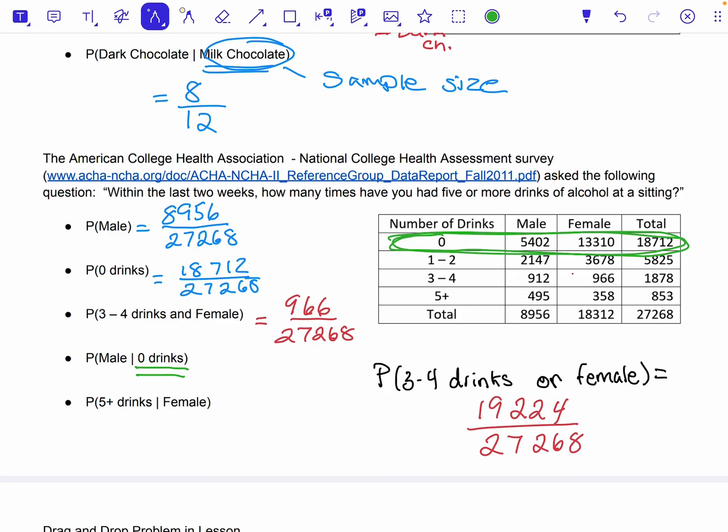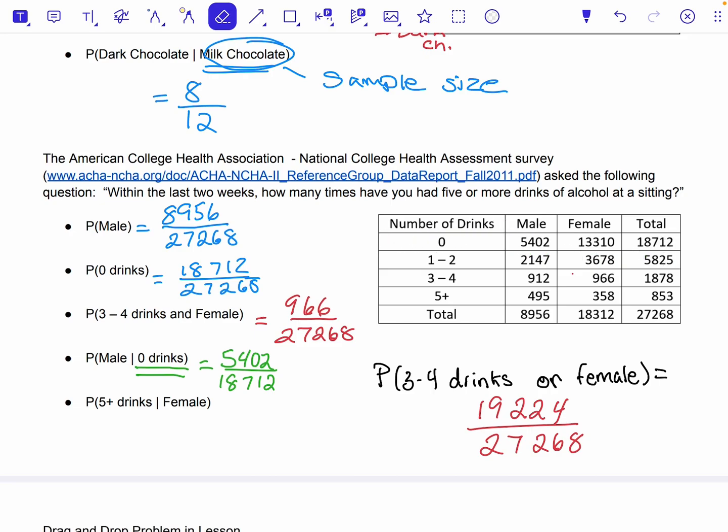And of that, what's the likelihood that they are male? If I'm then listing out this probability, there are 5,402 males that had 0 drinks, and there were 18,712 total people. And so that would be my probability of picking someone who was male, given that we're only focused on 0 drinks.